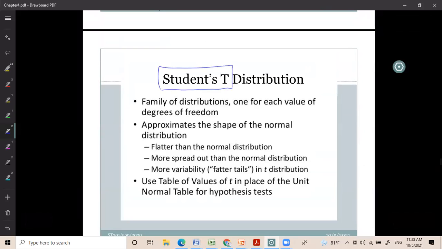It's again about the person who developed this one. The T distribution was developed not by a statistician, actually, but by William Gossett.